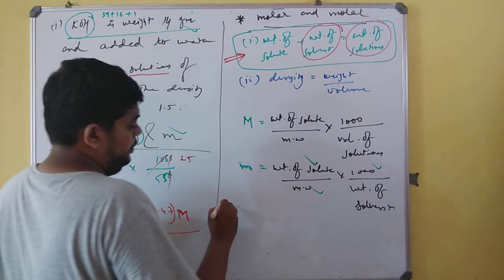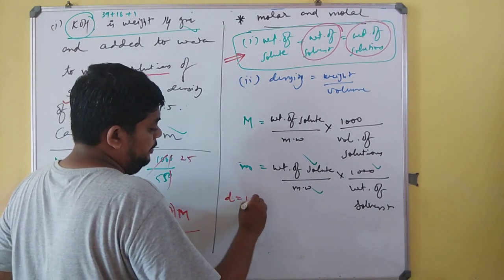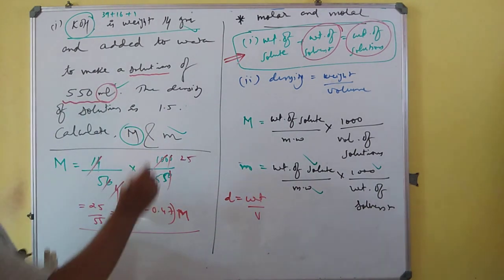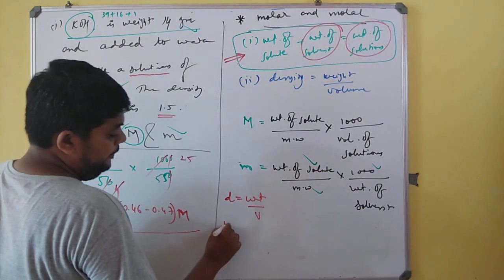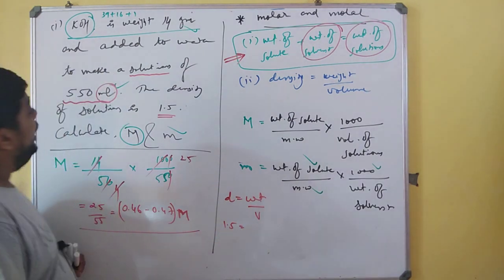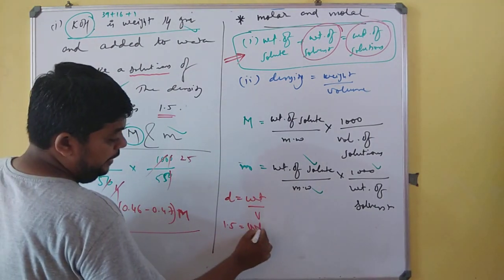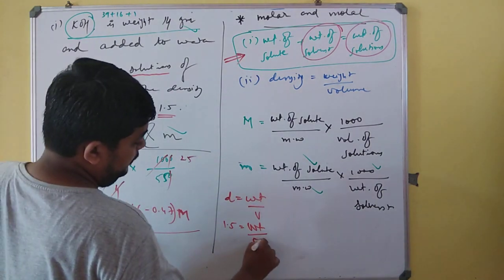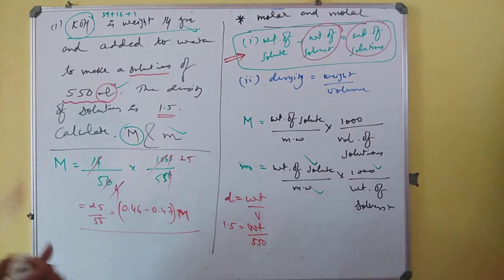So density is equal to weight by volume. Density for the solution is 1.5. Weight of the solution needs to be calculated, and volume of the solution is 550.